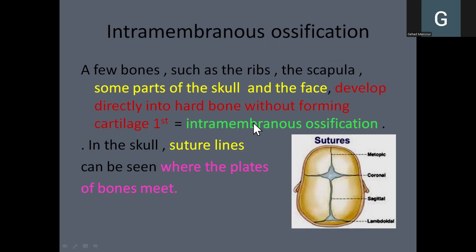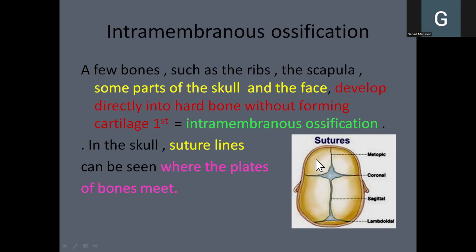There is a tissue model that looks like the final bone, and deposition of calcium and minerals occurs directly into this membrane. So we move on from the fibrous tissue state directly to the ossified state without having the cartilaginous stage in between.